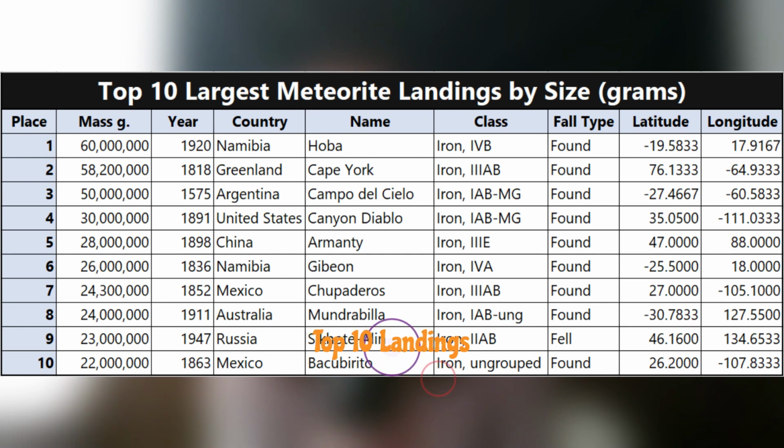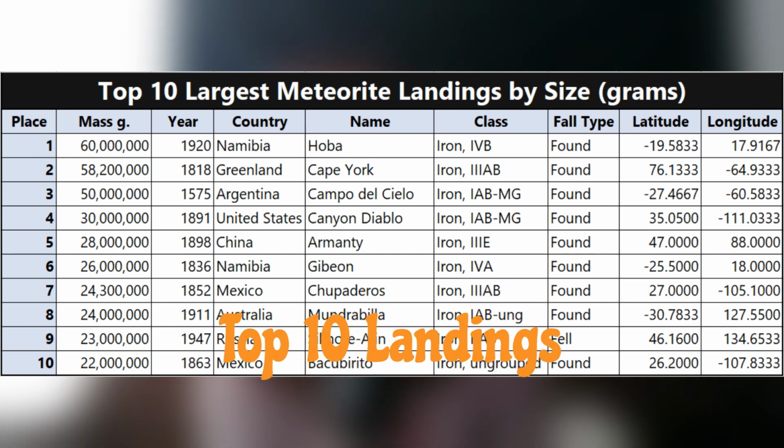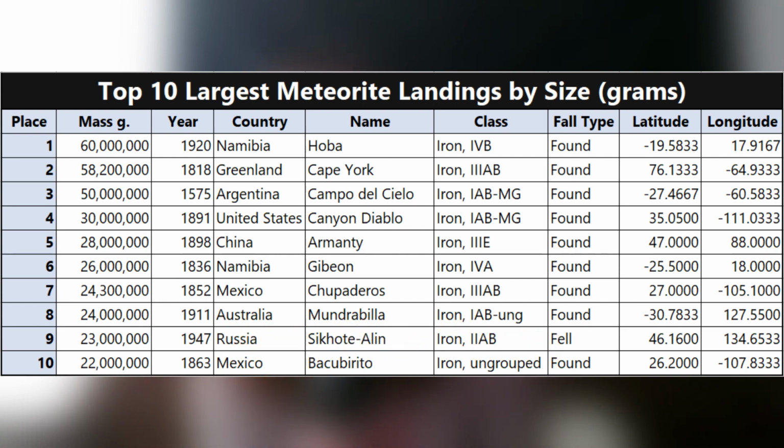The last graphic that we have to look at today is the top 10 largest meteorite landings by size. The largest meteorite landing that ever occurred was in 1920 in Namibia, and that was a found meteorite. The next meteorite was in Greenland, followed by Argentina, United States, China, Namibia again, Mexico, Australia, Russia, and Mexico makes its way on there twice as well.